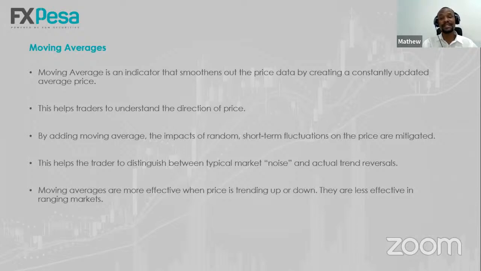Based on that, you're able to speculate on the likely direction of the market. Of course, moving averages are more effective if the price is in a trend. So when you're using a moving average, this is for traders who are looking to flow with the trend or ride the trend.